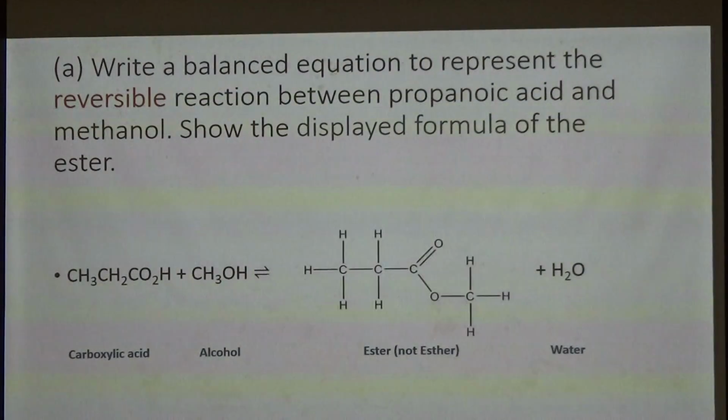In this case, carboxylic acid is your propanoic acid, reacting with alcohol, methanol, to give you the ester and water. When they say displayed formula, all they mean is you need to show all bonds and show all atoms. That's why it is a displayed formula. But don't worry too much about this. We will learn this later on.